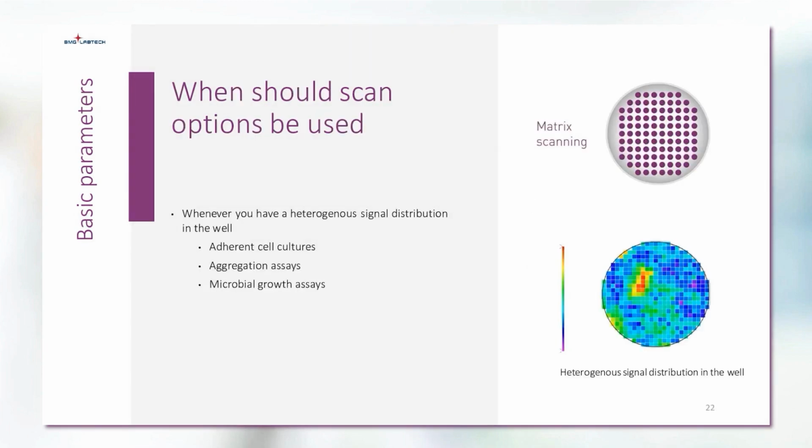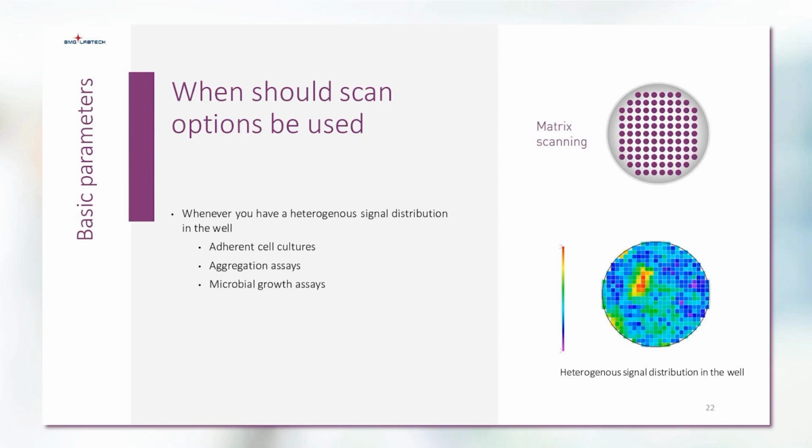Let's move on to scan options. Usually, all measurements per well are done in the center of the well at one single measurement point. This is sufficient, of course, in most cases, especially when you're working with very homogeneous and liquid samples. However, it is a different story when working with heterogeneous samples, like, again, adherent cell cultures.